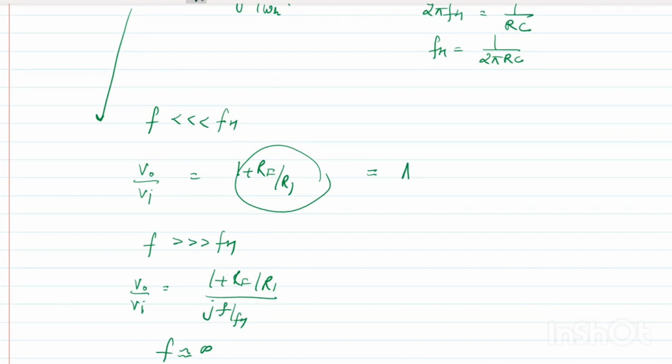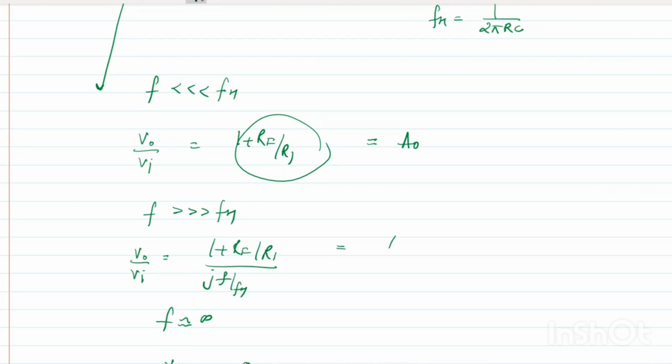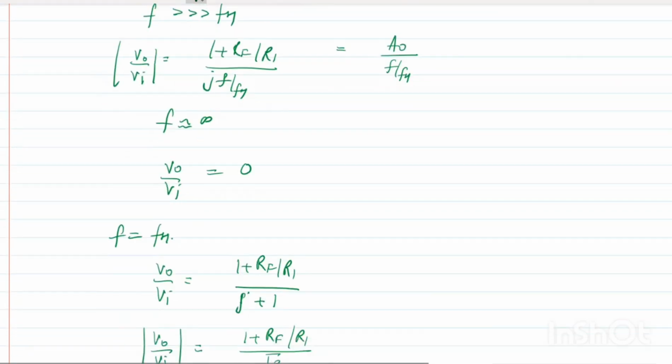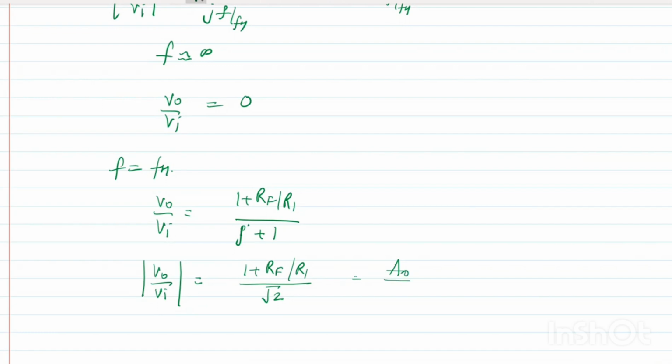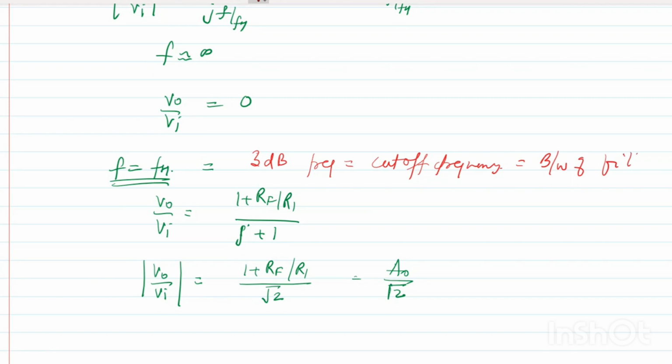If this I name as A naught, Gain निकाल रहे हैं हम सिर्फ. So I can say that this is A naught by root 2. So when f is equals to fh it is called as A by root 2. This is also called as 3 dB frequency or cutoff frequency, और bandwidth of the filter. बहुत सारे नाम है.